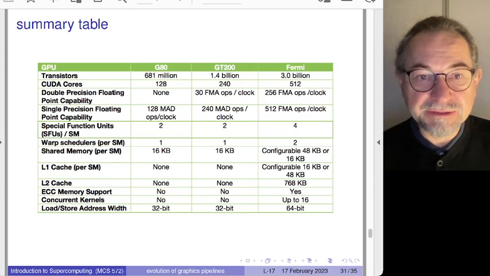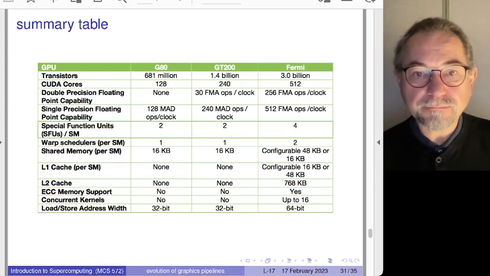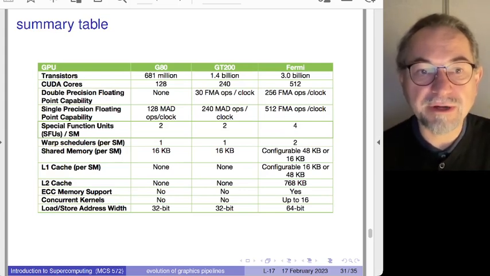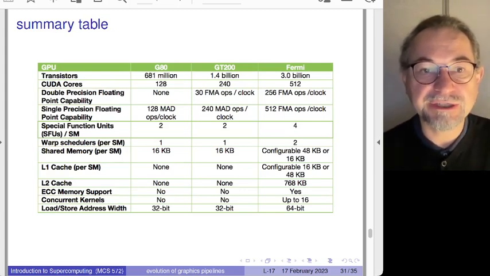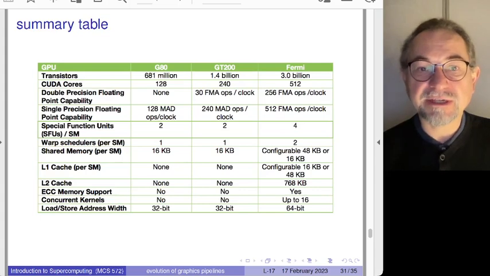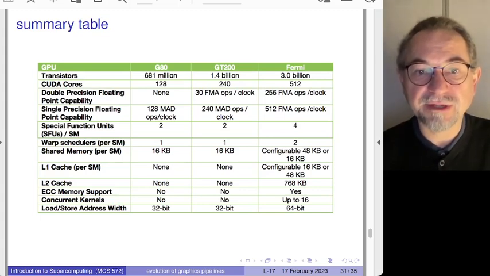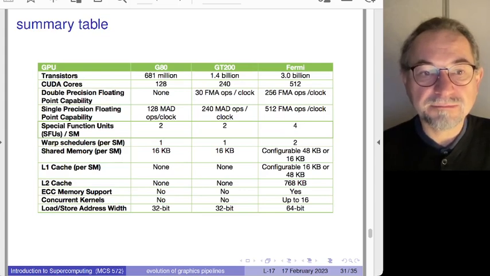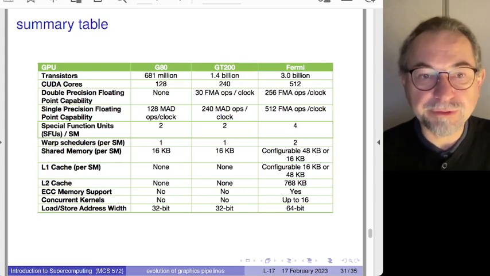So you see the evolution: more transistors, more cores, and running faster. The G80 still had no double precision capabilities, but the later editions did. That made them quite suitable for scientific computing.